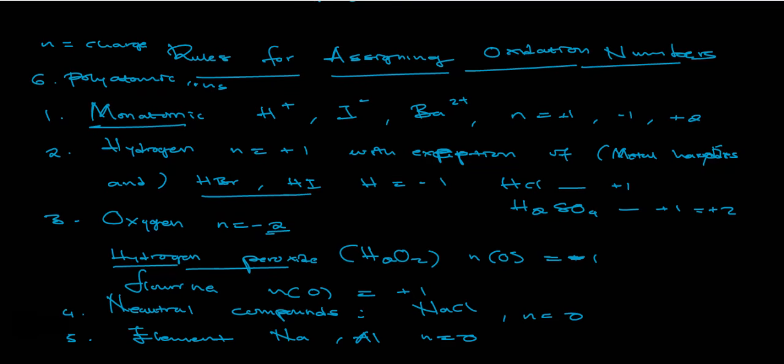Let's say, for example, we talk of phosphate, which is PO4 to the power -3. So the oxidation number of phosphate, this is a polyatomic ion, will be -3.